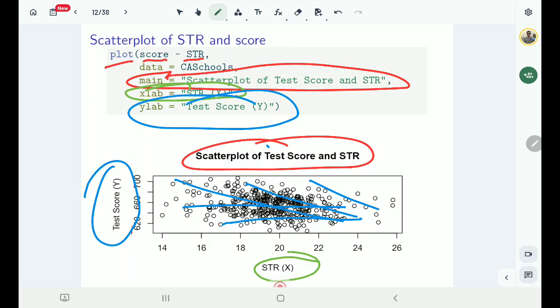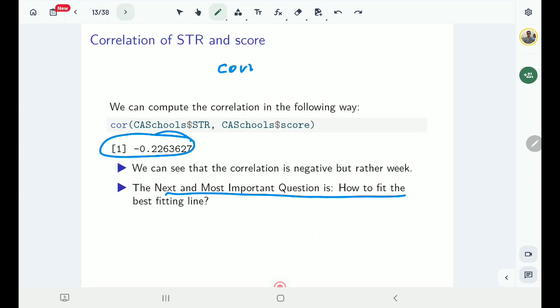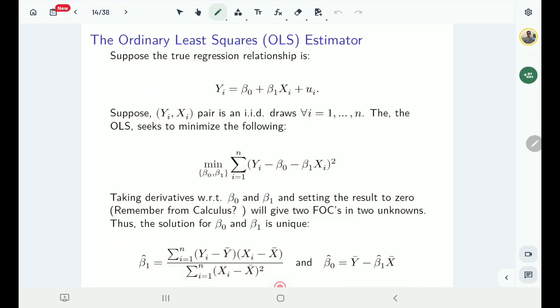What is a unique way of defining a unique line which describes this linear relationship best? It turns out that there is a way to get a unique best fitting line, under regularity conditions obviously, and that is by using the ordinary least squares method.